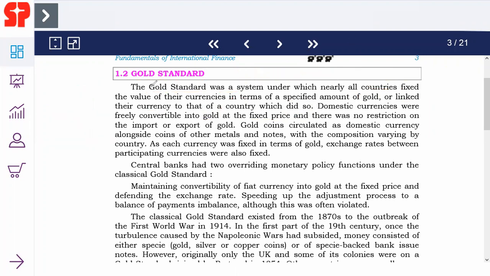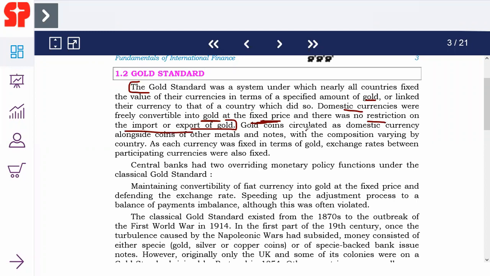Okay, so in the gold standard, currency value was fixed in terms of gold. Domestic currencies were convertible into gold at a fixed price, and there was no restriction on import and export of gold. If some countries require gold, because you will require gold reserves for maintaining the currencies, there were no restrictions on import and export of gold.